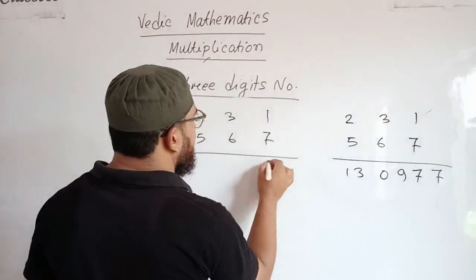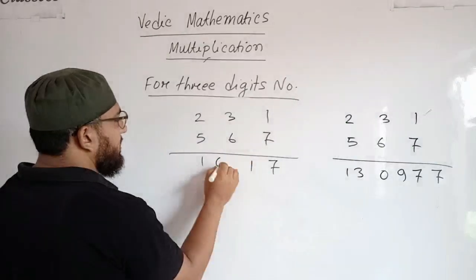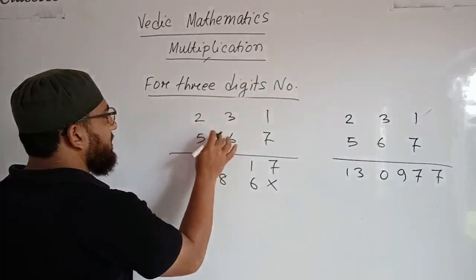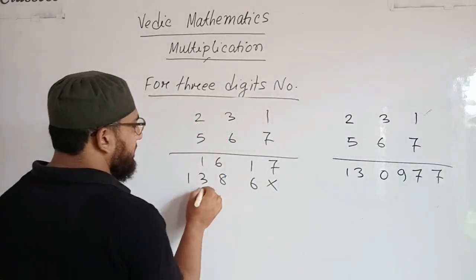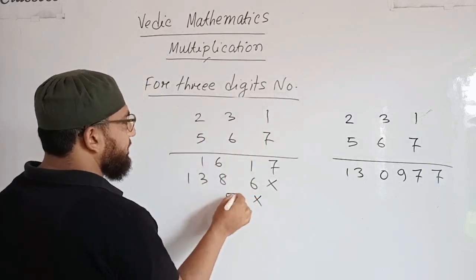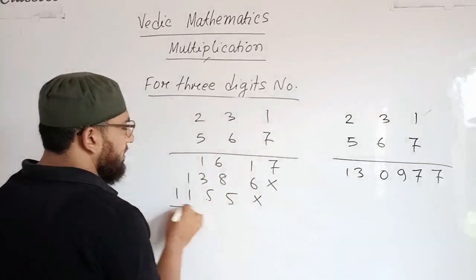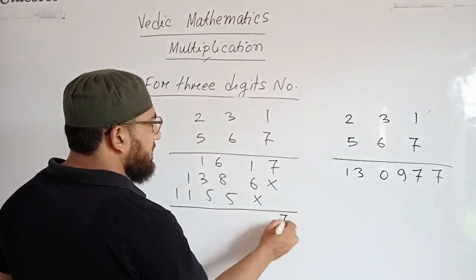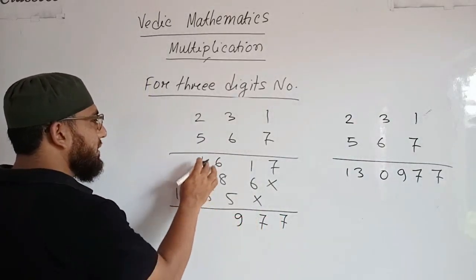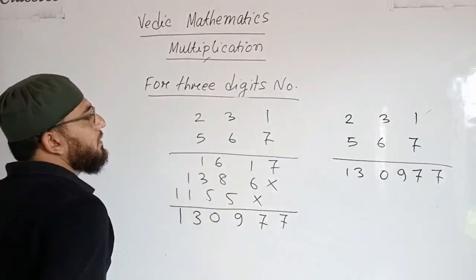But if you want to multiply this one, 2 3 1, 5 6 7, you have to write here 7, 3 7s are 21, 1 carry 2, 14 plus 1, 16, then 6 1s are 6, 3 6s are 18, carry 1, 1, 6, 12, the third, 12, 13. Now multiplications here: 5 ones are 5, 3 5s are 15, carry 1, 5 2s are 10, carry 1, so here will be 11, 7, 7, and here 19, carry 1, 8, 9, 10, carry 1, 1, 2, 3, then this.